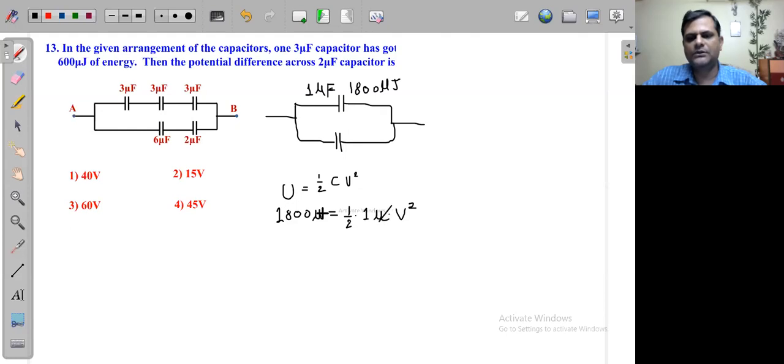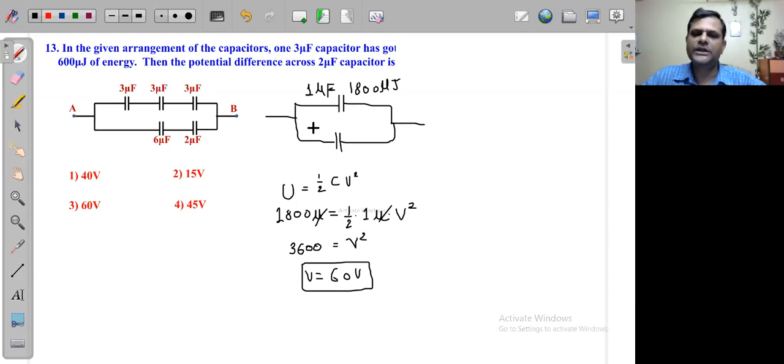This micro will get cancelled with this micro, and if we transfer these two to that side, we get 3600 is equal to V square, right? And V square equal to 3600 matlab V must be equal to 60 volt, correct? So the total voltage in the combination is 60 volt.